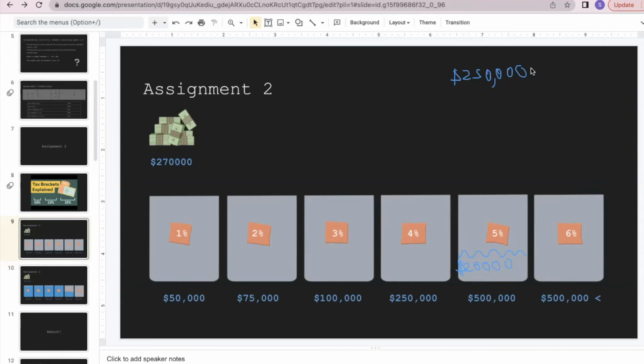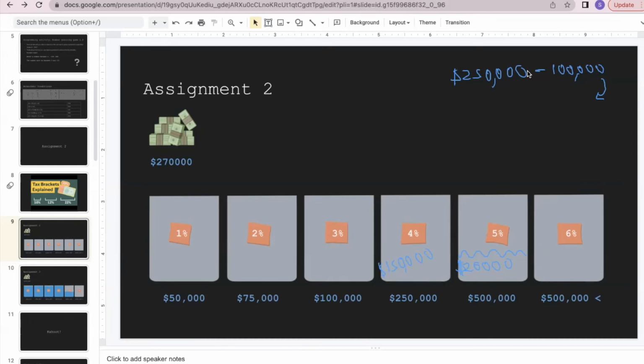So we're going to take our 250,000. This is the money we have remaining. So we're going to look at the bucket below us, which is 100,000, and this is going to give us 150,000. So $150,000 are getting taxed at 4%.